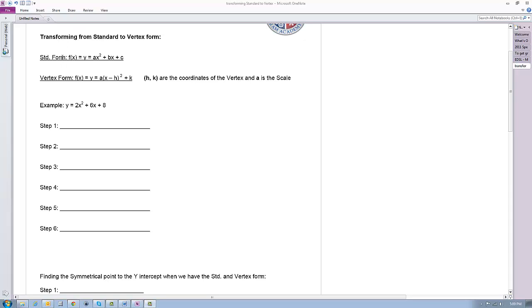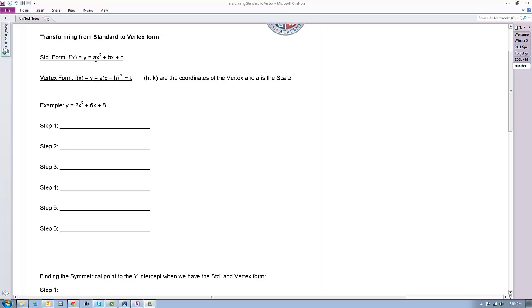The idea is to start from a quadratic equation written as f(x) equals y equals ax squared plus bx plus c, and transform it into an equivalent form, the vertex form, written f(x) equals y equals a times (x minus h) squared plus k, where h and k we know are the coordinates of the vertex and a is the scale.